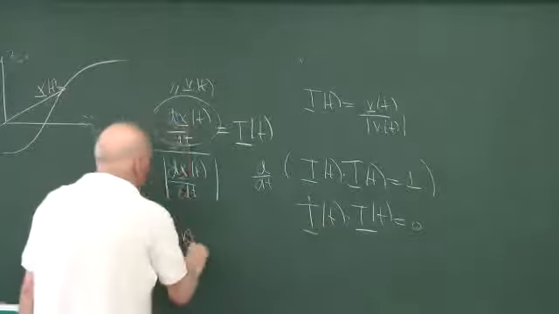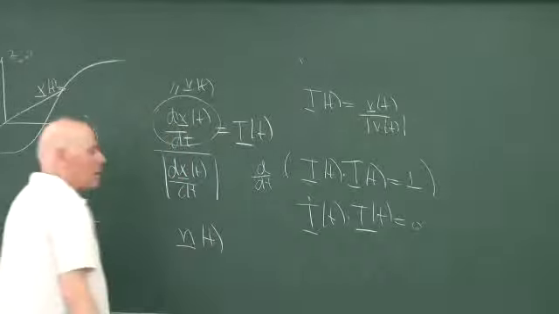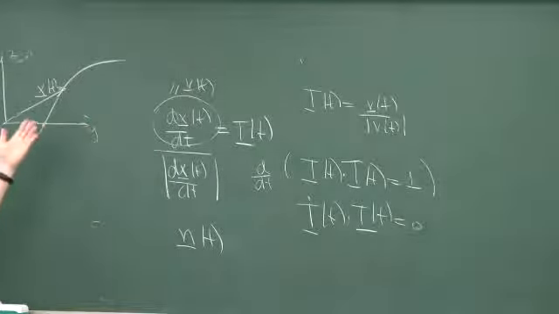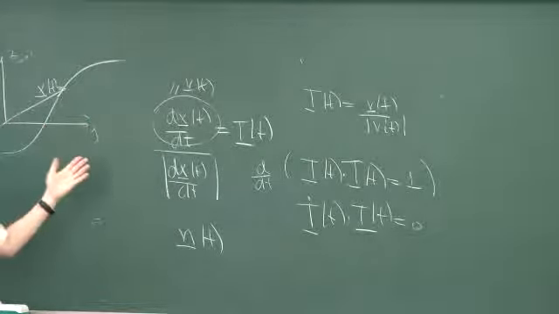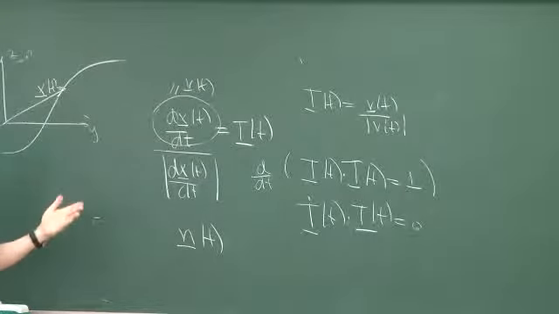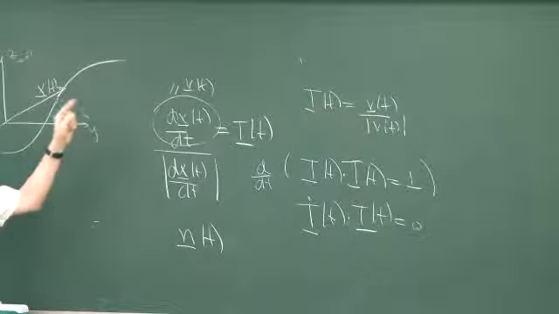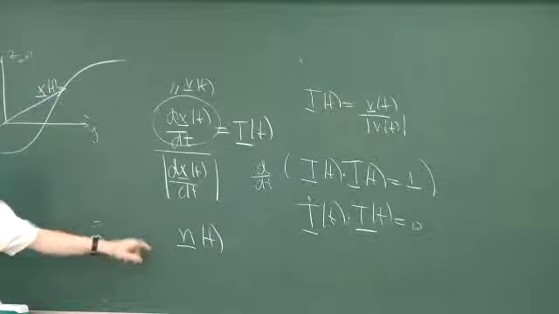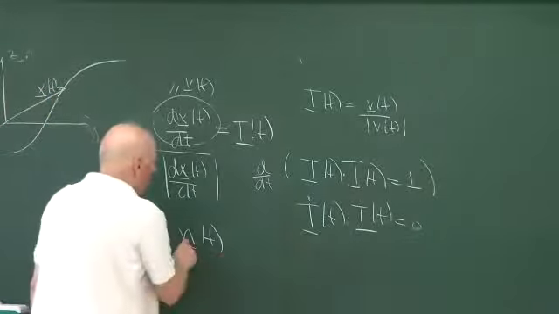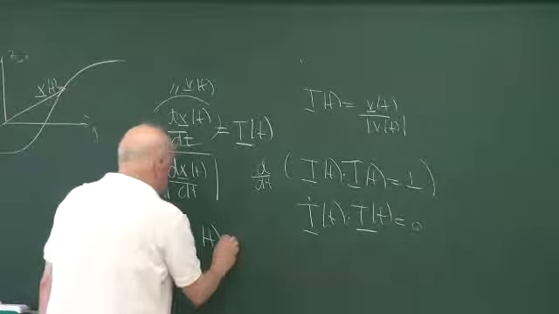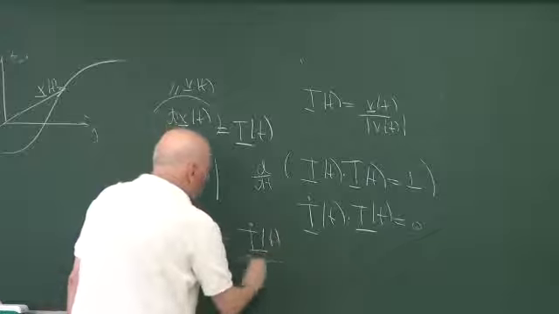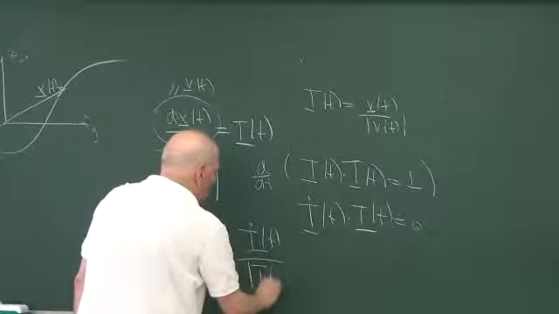I'll use lowercase n, even though I should use uppercase N, but there's a reason. The reason is because in the second fundamental form, Gauss's notation was L, M and N. So I don't want to use the letter N for two different things. So I use lowercase n. So lowercase n is then T dot of t and then normalized.